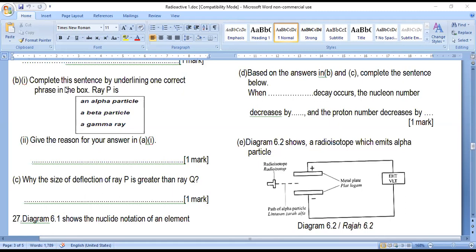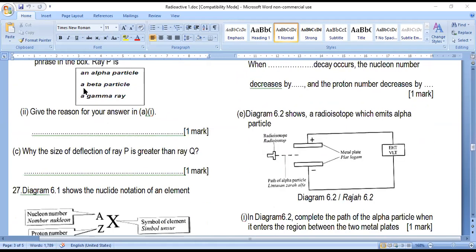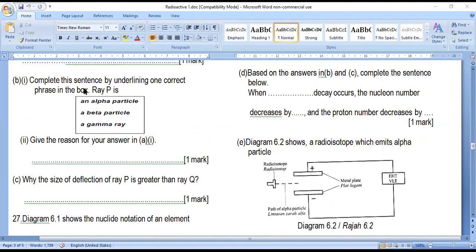Just now, P is beta. So the reason is because it's negatively charged. And then why is the deflection of P greater than Q? You can say P has smaller mass.